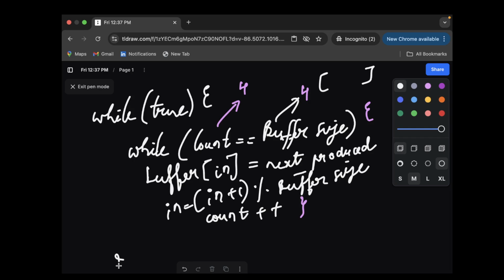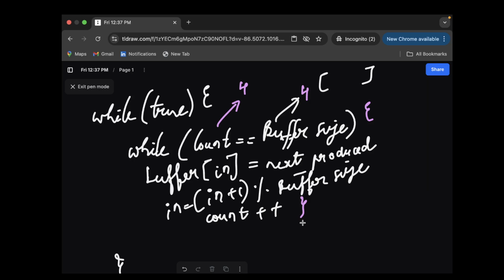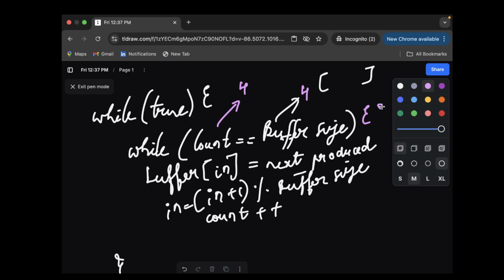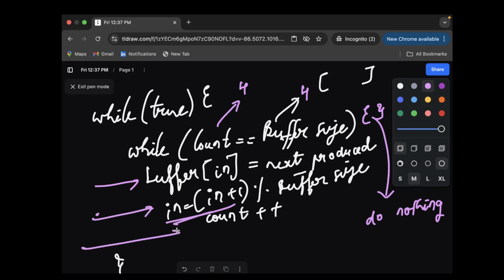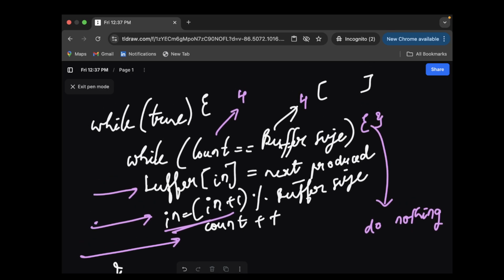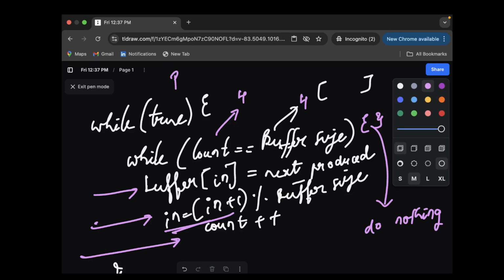So if I've exceeded the count, I'm not going to do anything, just wait for an empty spot to be available, right? If I get an empty spot, then I put the next item in the buffer, increase the size, and increase the count. This is at the producer end. Basically, this is the chef, right? The chef is going to prepare the meals and keep them.